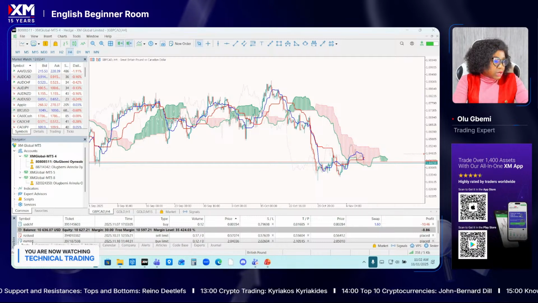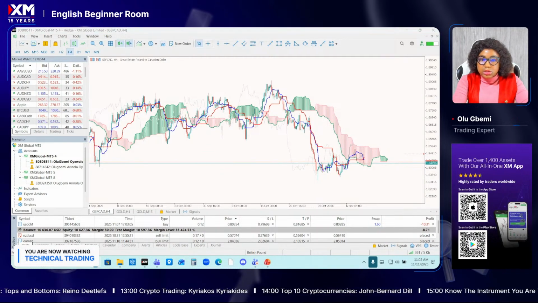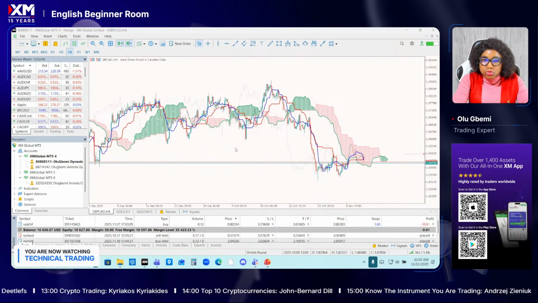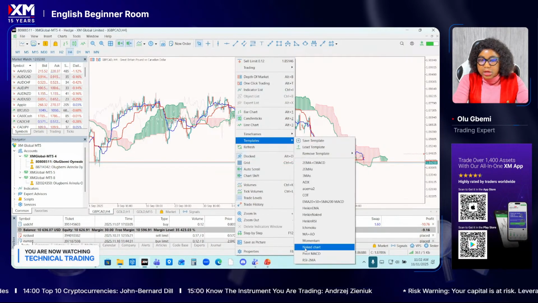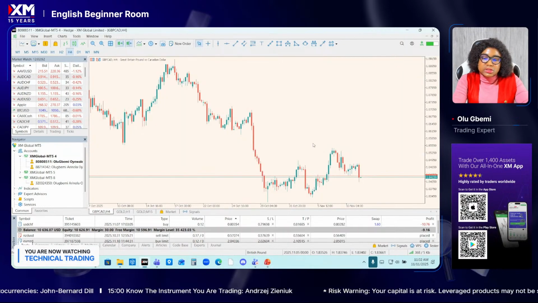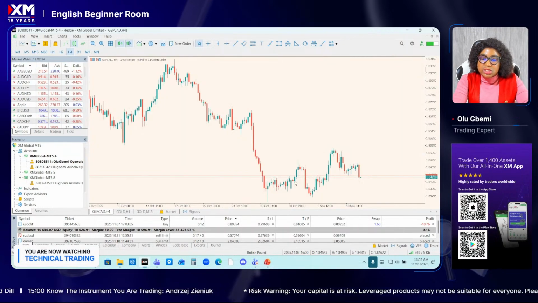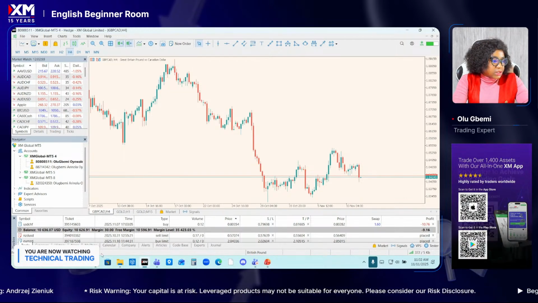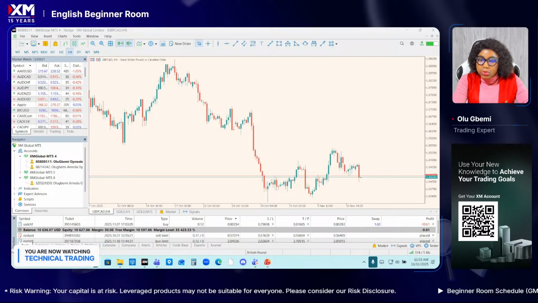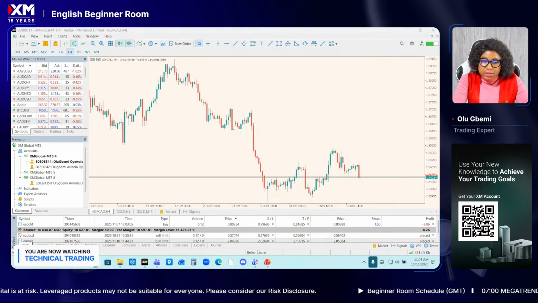And you'd see we have on the chart right now, Ichimoku, but I'm going to go back and go to a naked chart and show you how you can simply add that to your chart. So this is a simple naked chart. Now on this naked chart, yesterday I was analyzing and I saw a pattern, which is a double bottom pattern.